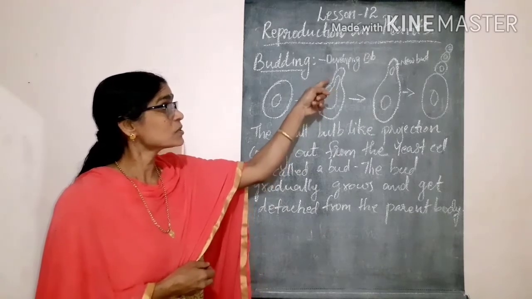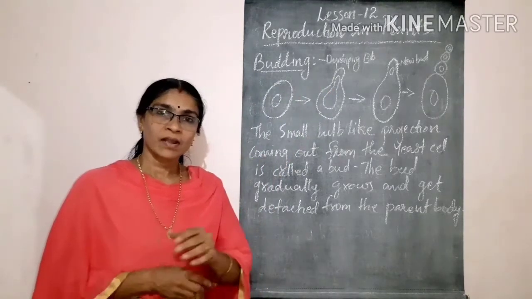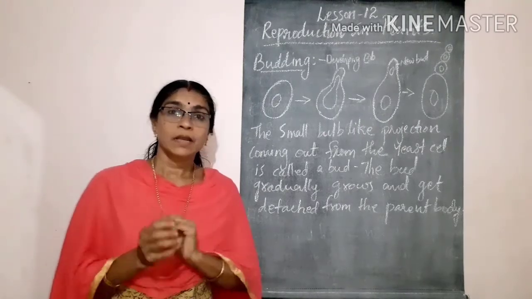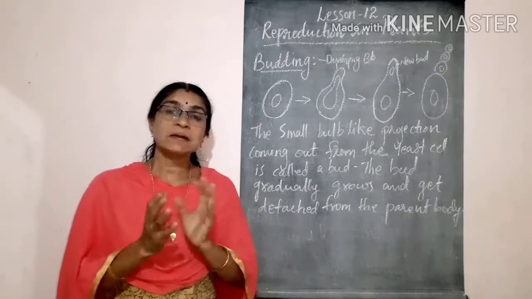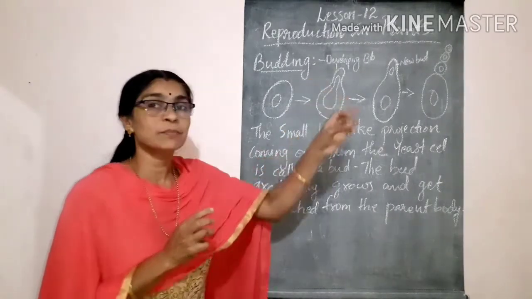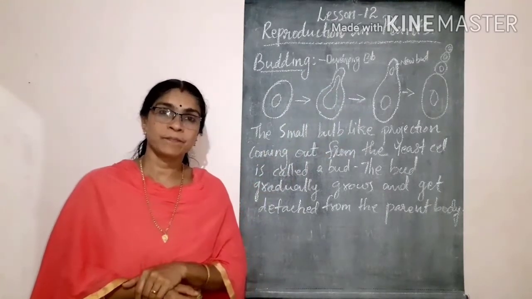These bulb-like projections are called buds. After that, the bud grows and develops. After some period, these buds are detached from the mother body and produce a new yeast cell.